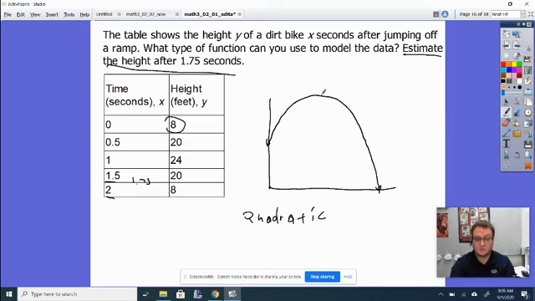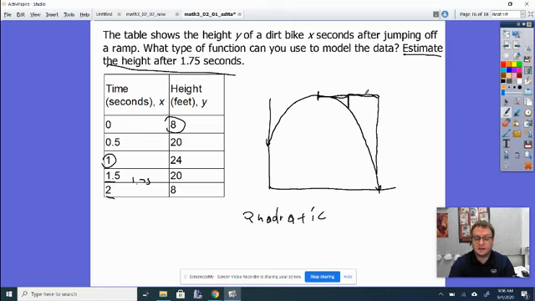Look at this. Let's start at the vertex, so around 1 second. If I start at the vertex and I go over, let's say just about a second, or sorry, half a second, and then I do another half a second, these are about the same distance, but the amount I go down is a huge difference.